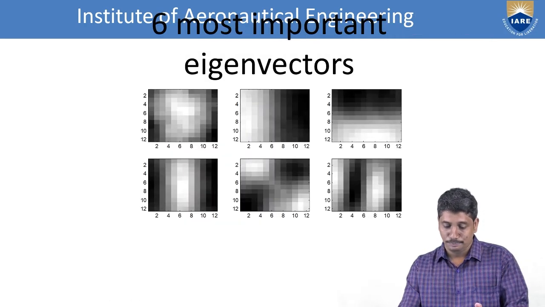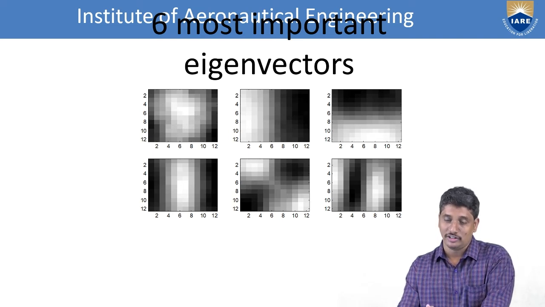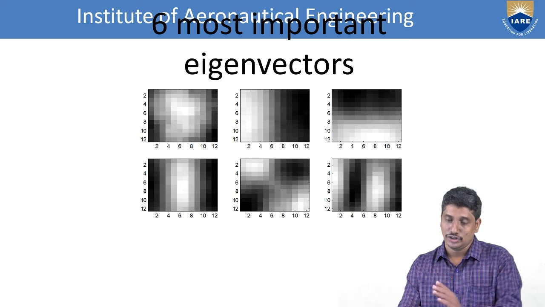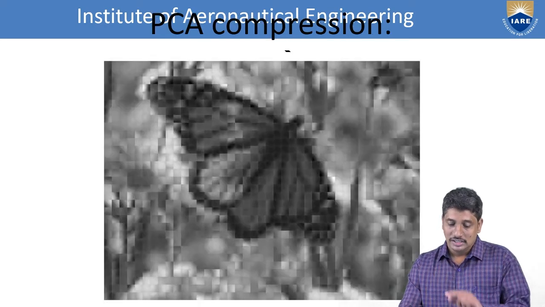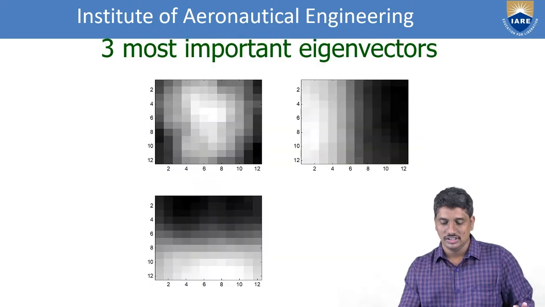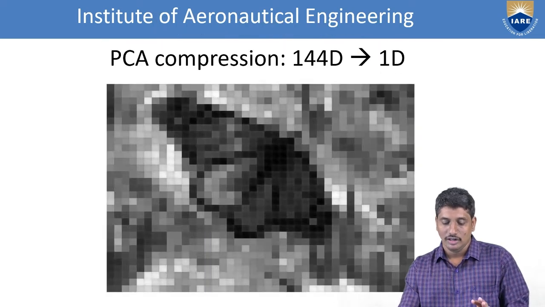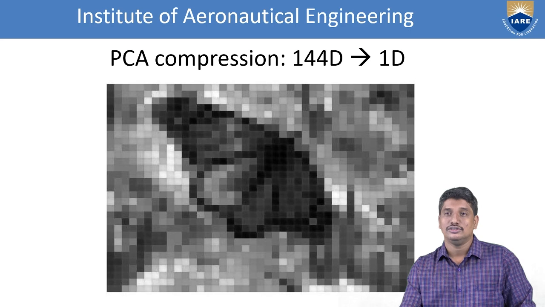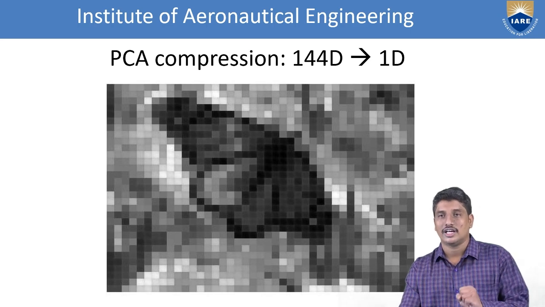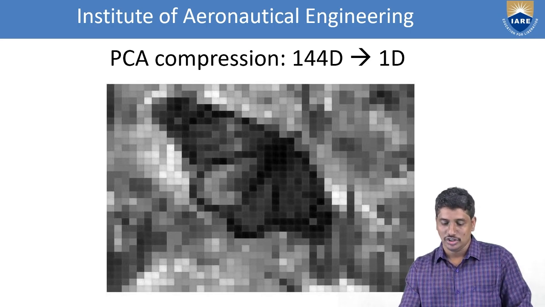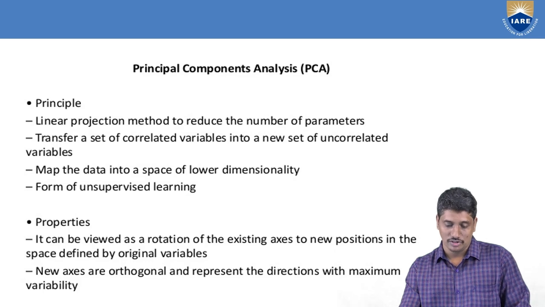In a similar way, when you reduce to 6 dimensions, you will get 6 eigenvectors working in the background in the reduction of dimensions. Finally, this is one dimension which is completely clumsy. So this gives you more clarity about data compression and dimensionality reduction in image processing.